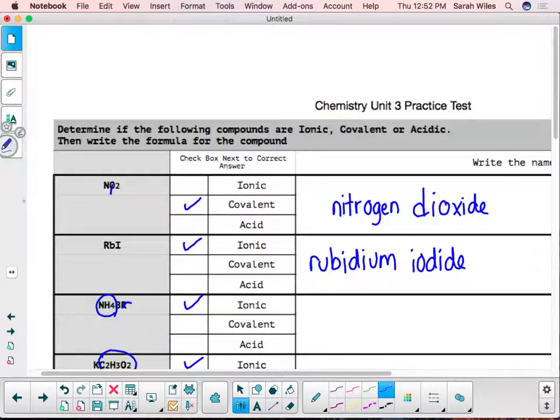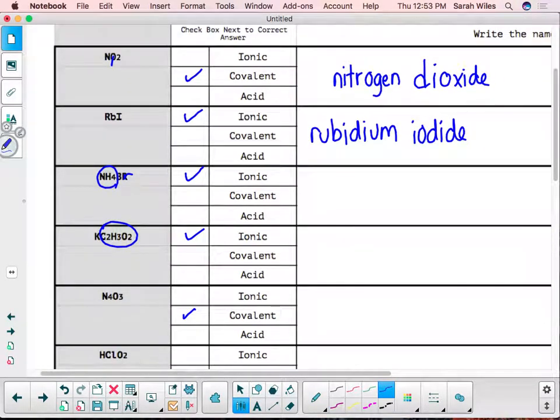No. How do you know if it's a multivalent metal? It's in the list on the back. So rubidium is not on the list on the back of your periodic table, so it's not a multivalent. Right. So I don't need Roman numerals, so I'm done.